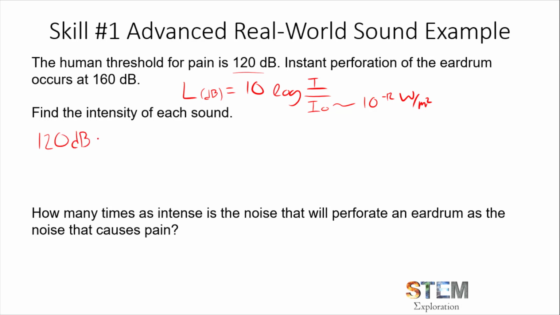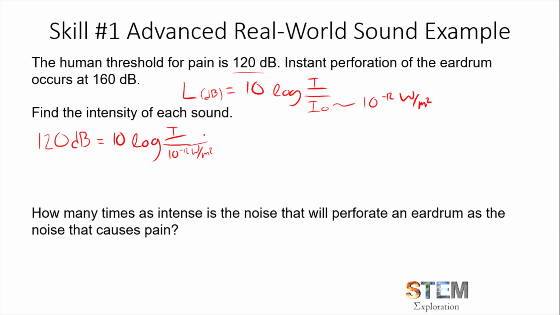we set 120 equal to 10 times the log of I over 10 to the negative 12 watts per meter squared.